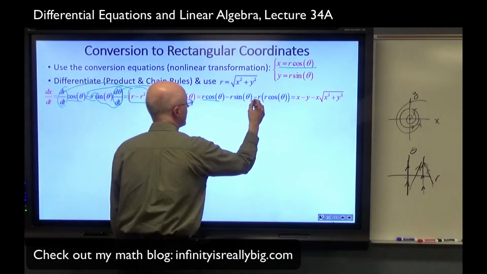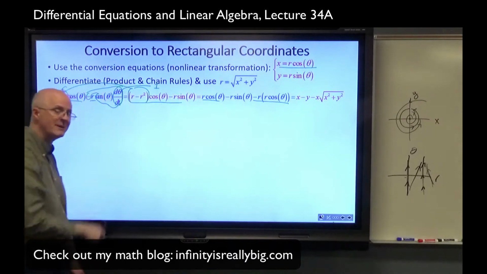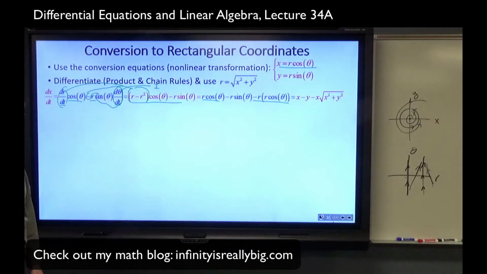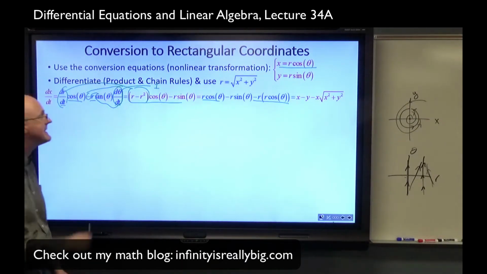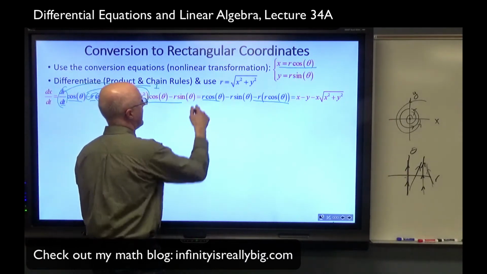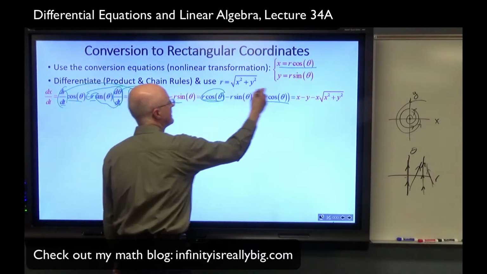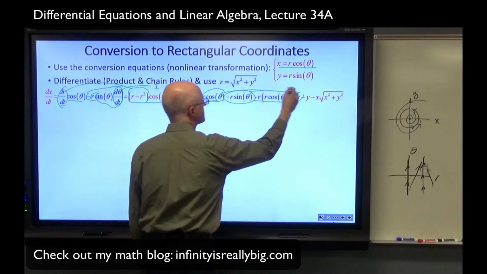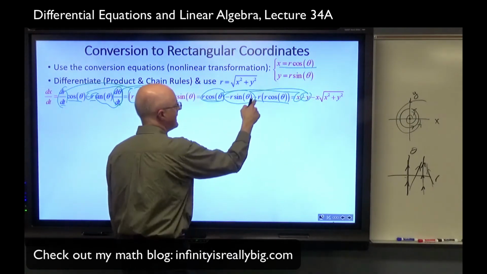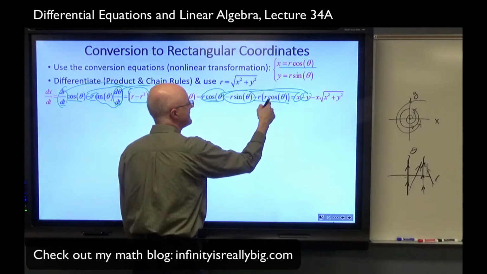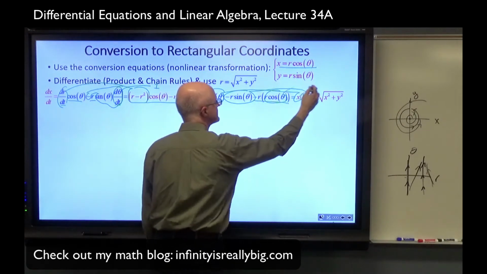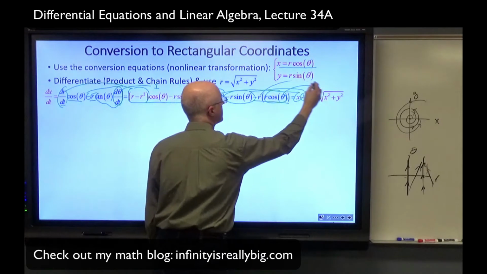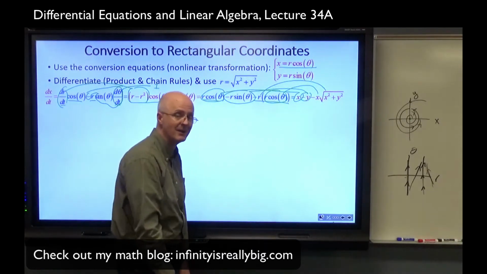The minus r squared cos theta is right there. I've purposely written it as r times cos theta, because now I can convert back to x and y. r cos theta equals x, minus r sine theta equals minus y, and minus r times r cos theta. The r cos theta right there is the same as x, and the r is the same as the square root of x squared plus y squared.